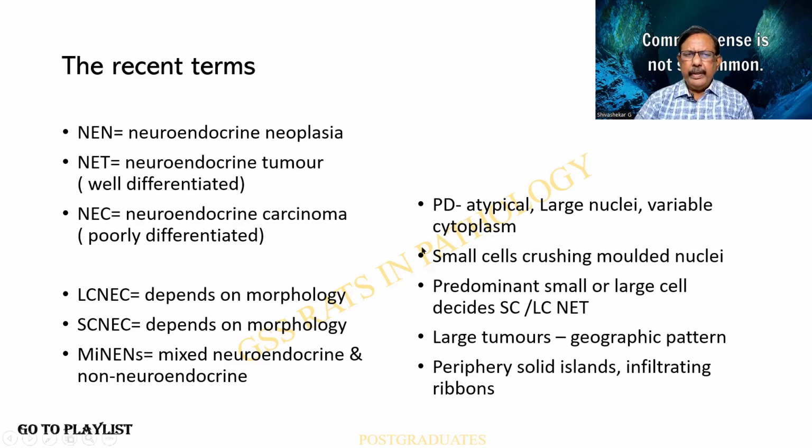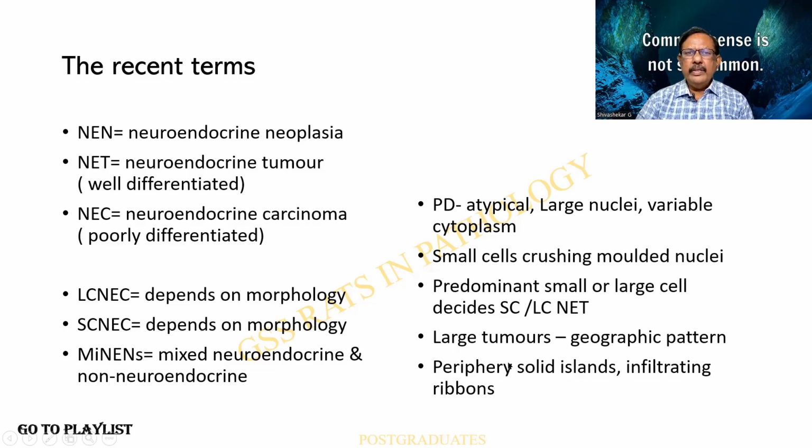The cells will be atypical. They have large nuclei, variable amount of cytoplasm. And sometimes the small cells can be having crushing and molding of the nuclei. A crush artifact is in fact one of the diagnostic features of a neuroendocrine neoplasia or a small cell carcinoma of the lung. Predominantly, you find that it can be either a small cell or a large cell or a combination of these.